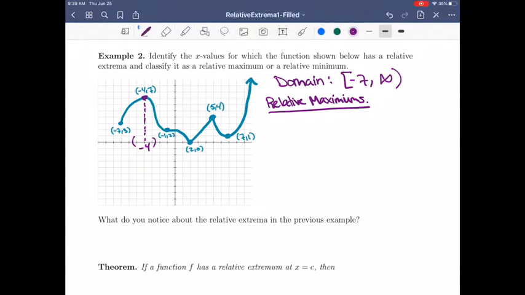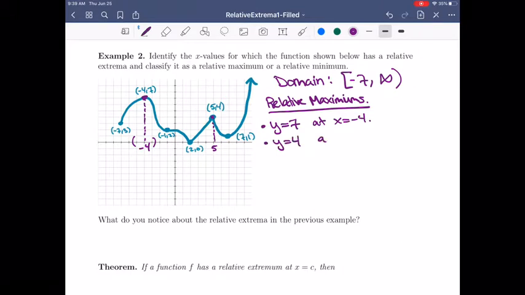So we would say y equals 7 is a relative maximum, which occurs at x equals -4. So that's one relative maximum. It also looks like at x equals 5 we have a relative maximum at y equals 4. Remember, the y values are what the maximums are. The x values are just where they occur.